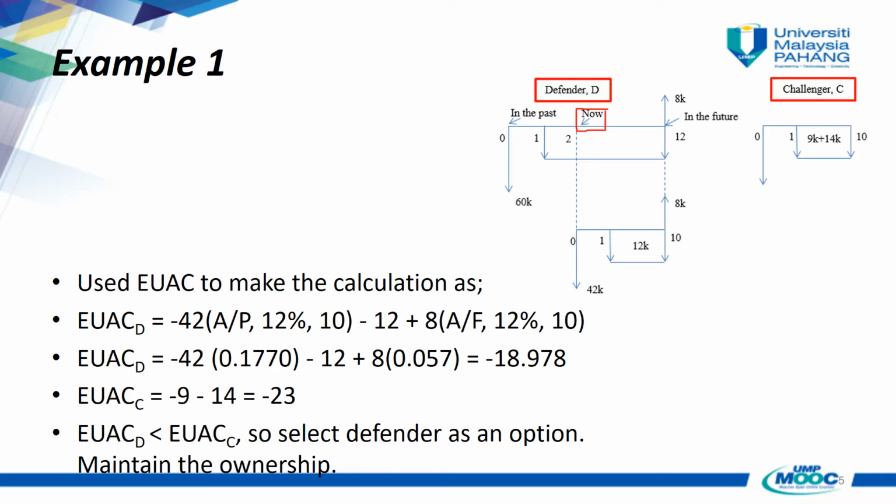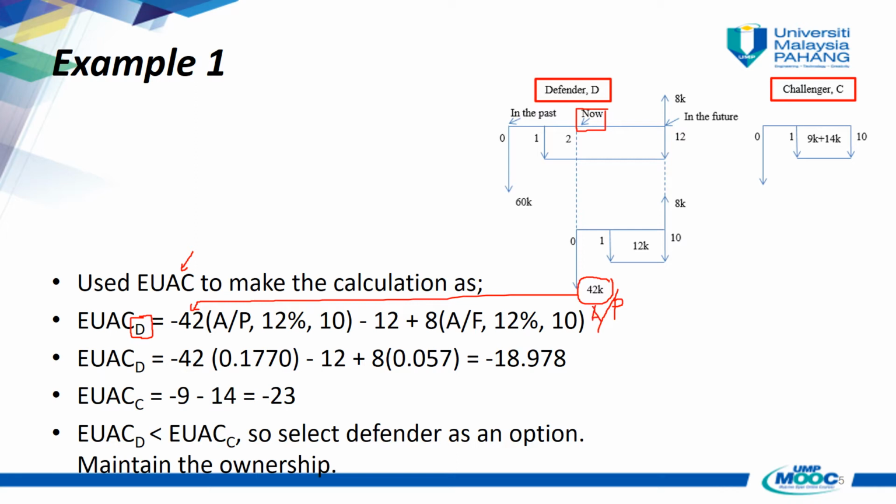So this will become our defender, D. We calculate first: 42,000 is the present value of our van today after the second year. Because we calculate this as EUAC, this 42,000 is in the form of P, so we need to find A when we know the P.